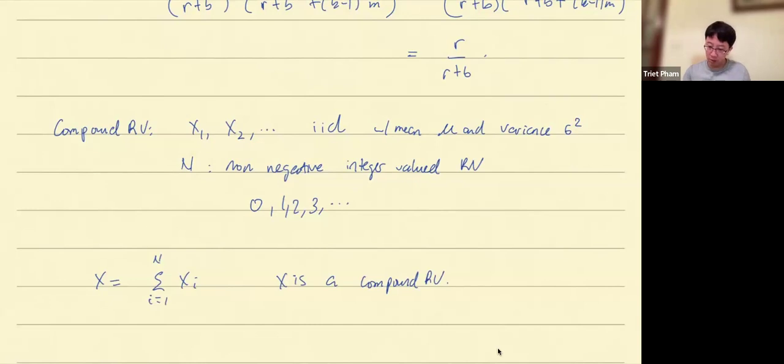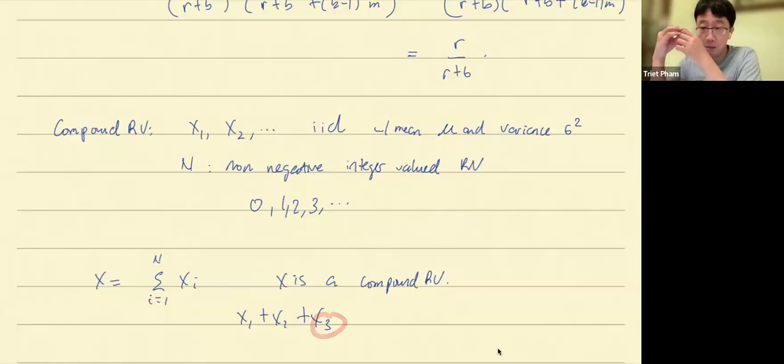Well, first of all, it's a random sum. You've seen a random sum before in the central limit theorem, let's say. However, in the central limit theorem, the upper limit, how many terms you're summing, is a fixed number, like X1 plus X2 plus X3, meaning you know that you're summing 3 terms.